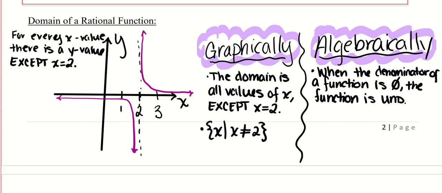So again, you put that in your calculator, you're going to get an error message. You're going to get some kind of message that x equals 2 does not have a y value.